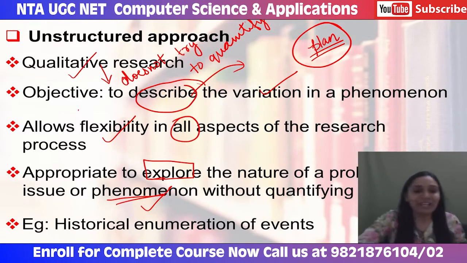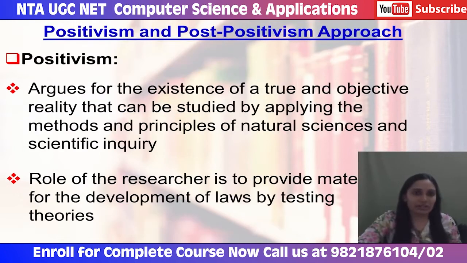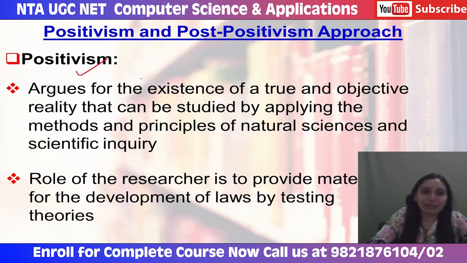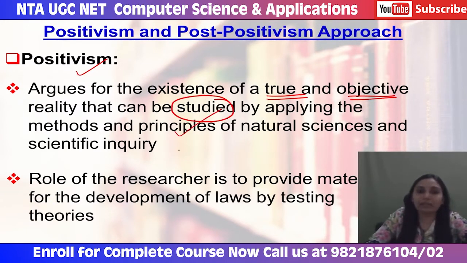Thank you. So yes, so this is unstructured. Now positivism and post-positivism. What is positivism and post-positivism? Positivism argues for the existence of a true and objective reality that can be studied by applying the methods and principles of natural sciences and scientific inquiry.